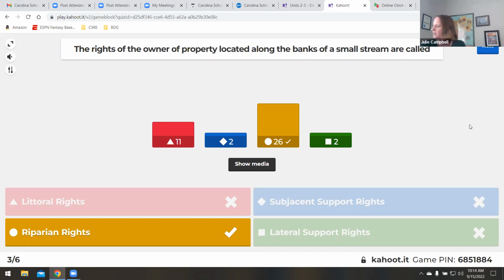Riparian rights, again, unit 2, pages 22 and 23. Riparian rights are water rights for bodies of water that do not have a tide. A stream, a creek, a river do not have a tide. Littoral rights, you're close. Littoral rights, though, are for bodies of water that do have a tide. Questions on this one?